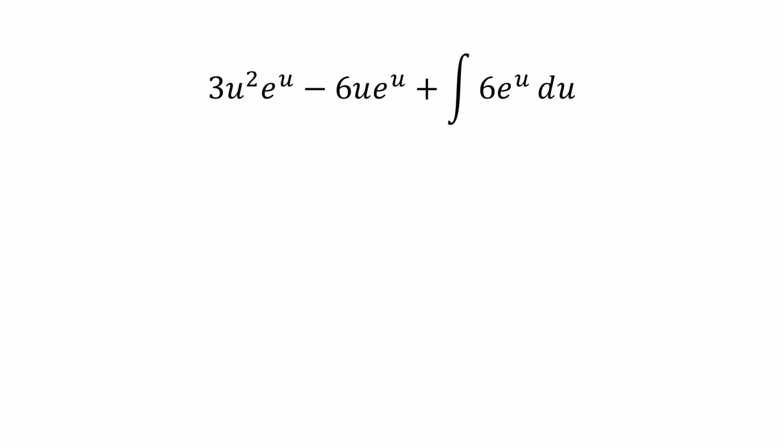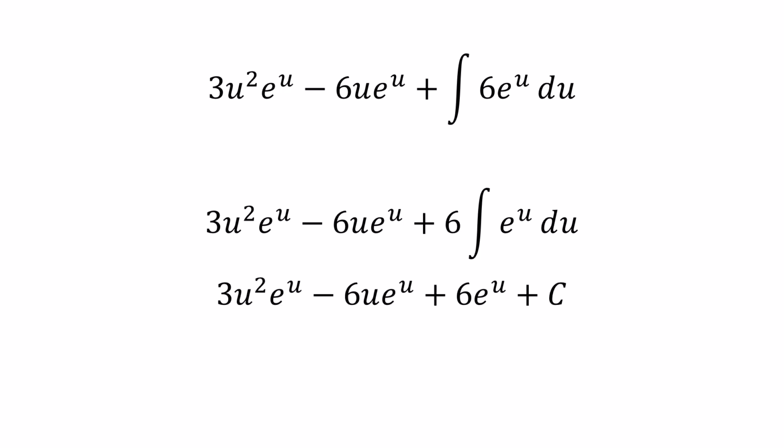Applying the constant multiple rule, we obtain 3u squared e to the u minus 6u e to the u plus 6 times the integral of e to the u du. Integrating gives 3u squared e to the u minus 6u e to the u plus 6 e to the u plus c.